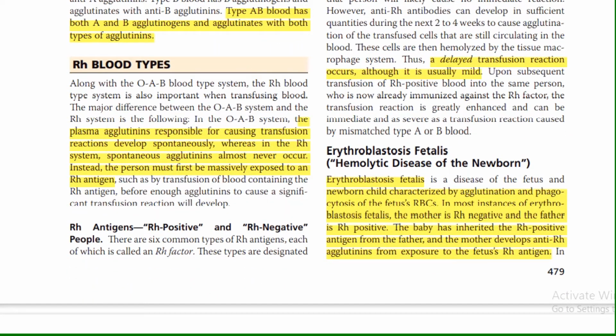Rh blood types. The plasma agglutinin responsible for causing ABO transfusion reactions develops spontaneously, whereas in the Rh system, spontaneous agglutinins almost never occur. Instead, the person must be massively exposed to an Rh antigen, such as by the transfusion of blood containing the Rh antigen.